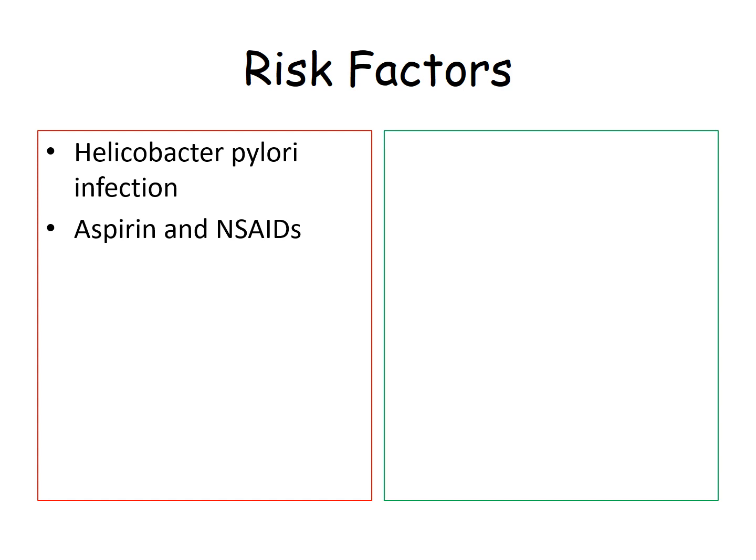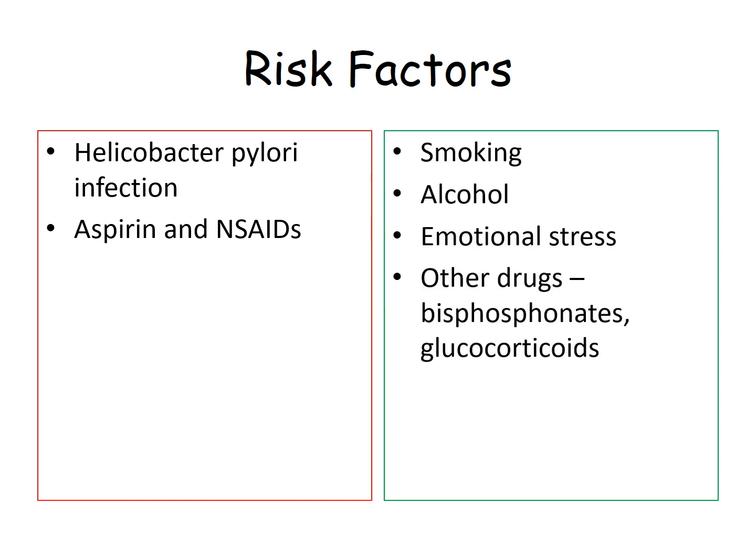They are generally known as painkillers. And also our habits like smoking, alcohol, emotional stress, and also some other drugs like bisphosphonates and glucocorticoids. They all will act as factors which can aggravate the disease.